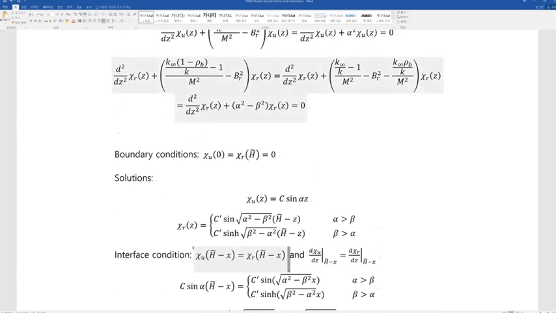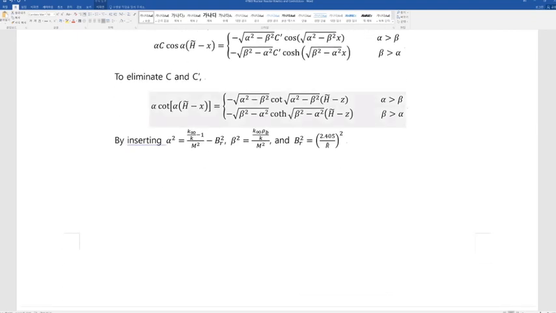This would be the equation for the loaded volume, and this chi_R will be applicable to the entire region of the reactor. And in that case, alpha squared minus beta squared, in other words, this would be the buckling for the G direction.